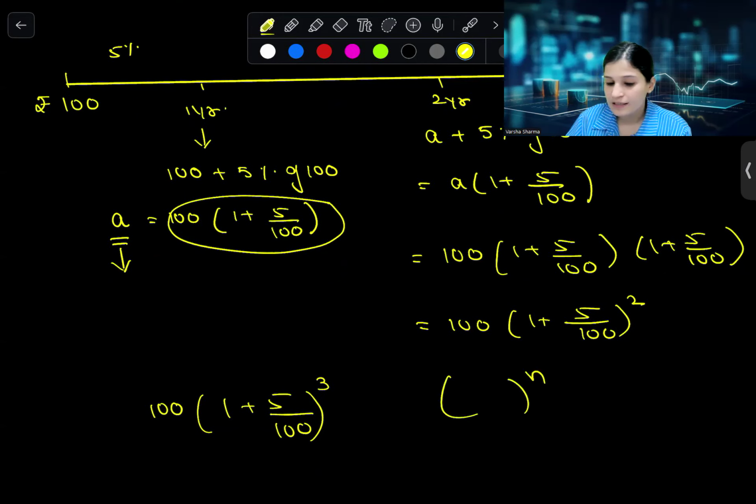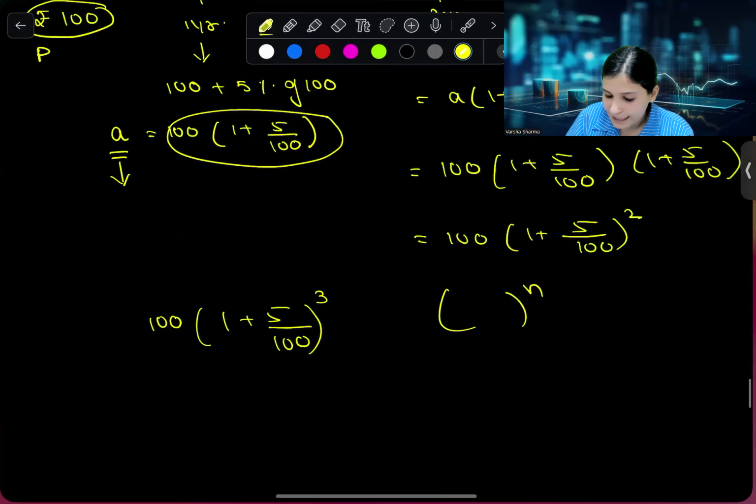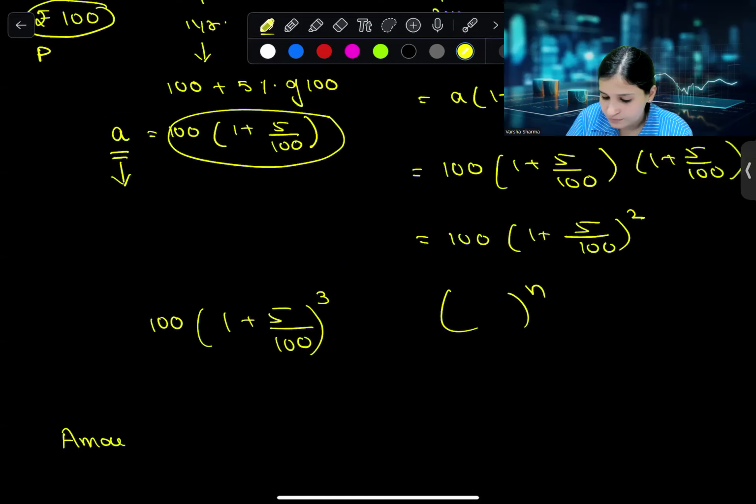So this 100 was my loan amount, my principal. This 5% was my rate, right? And what I'm calculating is amount. So can you tell me what will be my formula then?